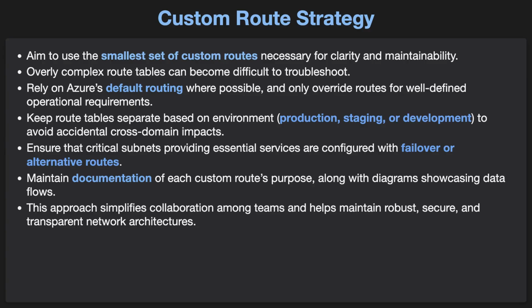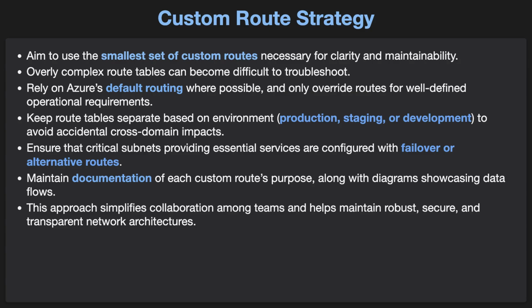Aim to use the smallest set of custom routes necessary for clarity and maintainability. Overly complex route tables can become difficult to troubleshoot. Rely on Azure's default routing where possible, and only override routes for well-defined operational requirements. Keep route tables separate based on environment, production, staging, or development to avoid accidental cross-domain impacts.